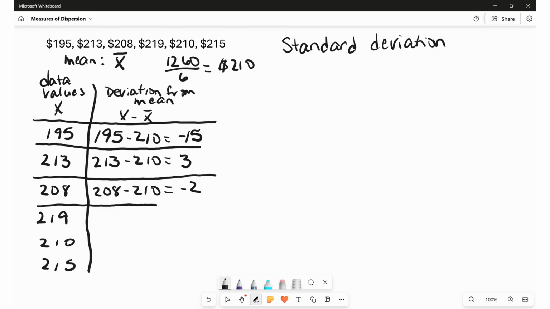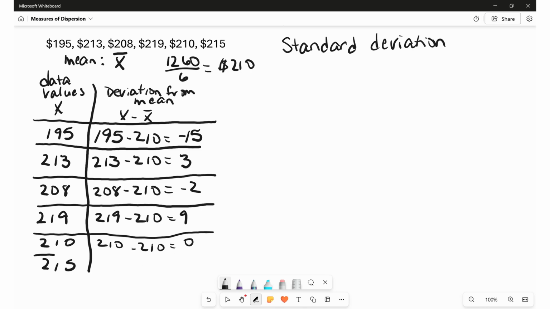Each one of these, we calculate how far it is from the mean. And yes, it is possible to be 0 away from the mean. All right. So now we found out how far away each one of these is from the mean.